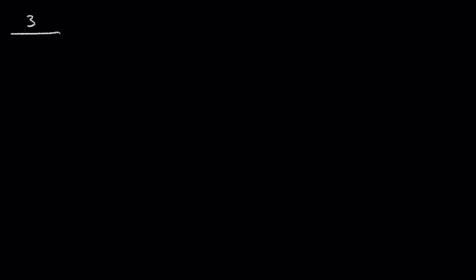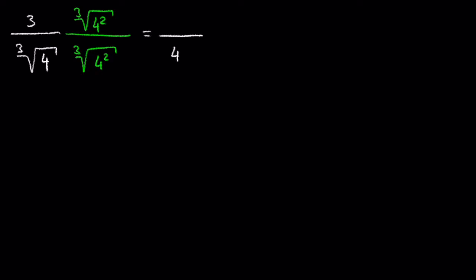Three over the third root of 4. Multiplying by the third root of 4 squared gives us a 4 in the denominator and 3 times the third root of 16 in the numerator.